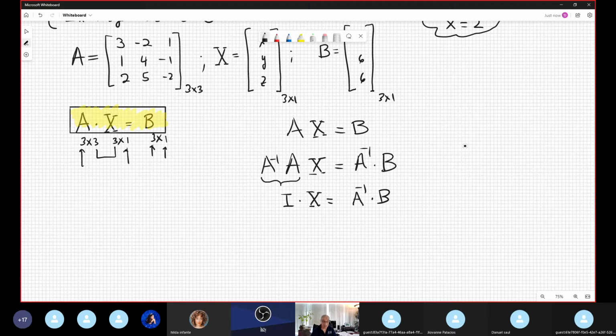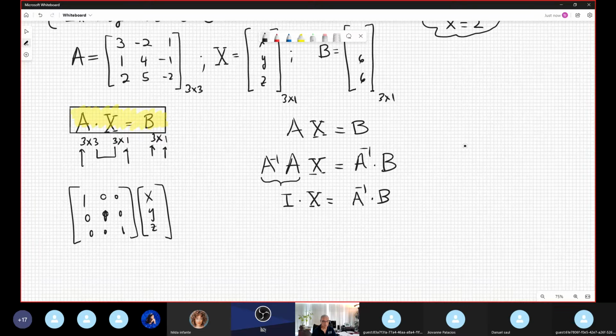Cool? And when you multiply the identity matrix times any vector, the identity matrix in this case is 1 0 0, 0 1 0, 0 0 1, multiplied by x, y, z. It's obvious that when you multiply this times this, you get x. When you multiply this times this, it is y, and when you multiply this times this, it is z.